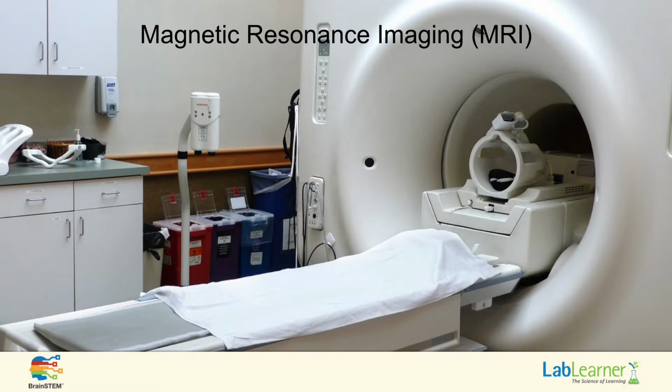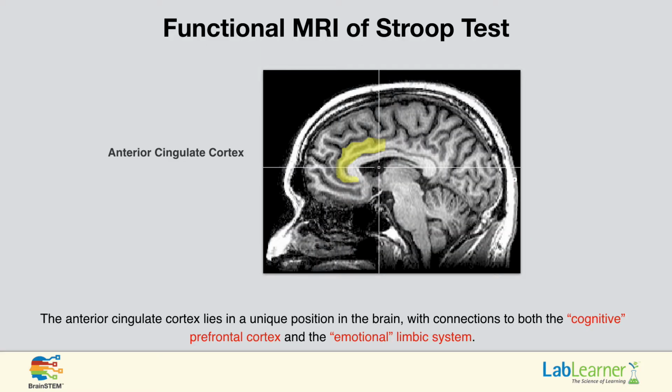This is a very powerful thing called functional MRI. And when you look at a functional MRI image of an individual doing a Stroop test, we see that this particular area, highlighted in yellow, called the anterior cingulate cortex, lights up very reproducibly in people.